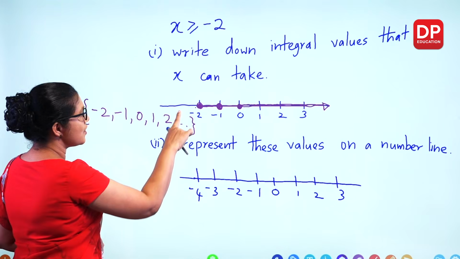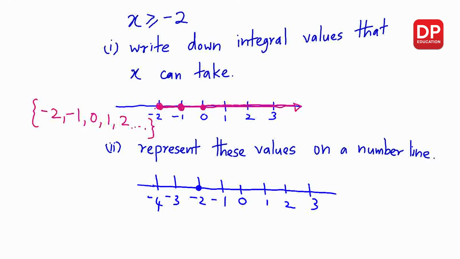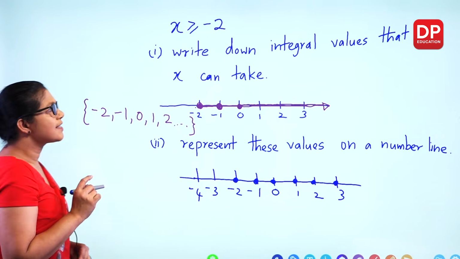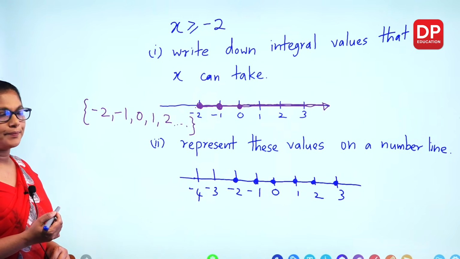So -2 is there. So we can draw a solid circle there. -1, 0, 1, 2, 3 like that. We can mark those points. So that's how we can represent integral values.